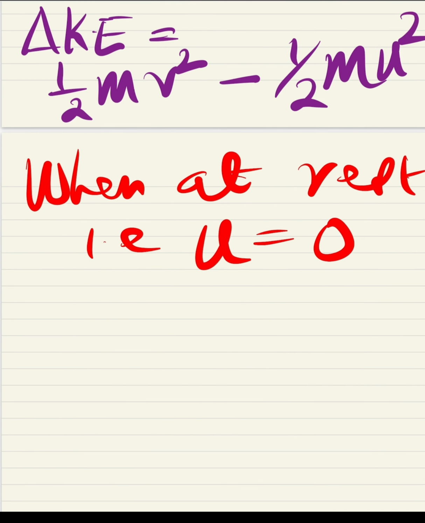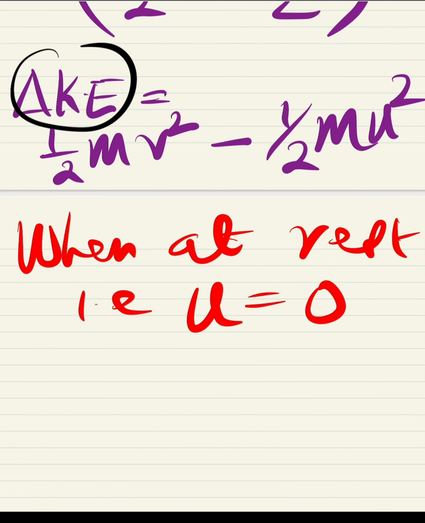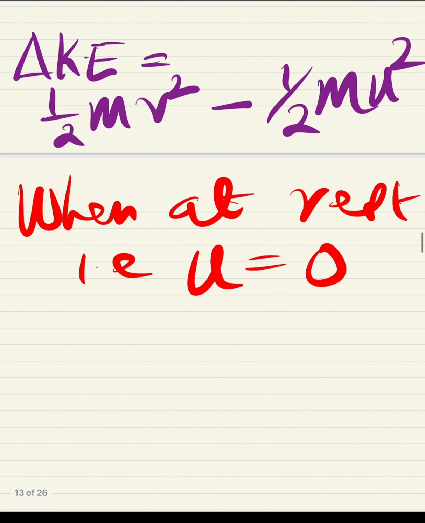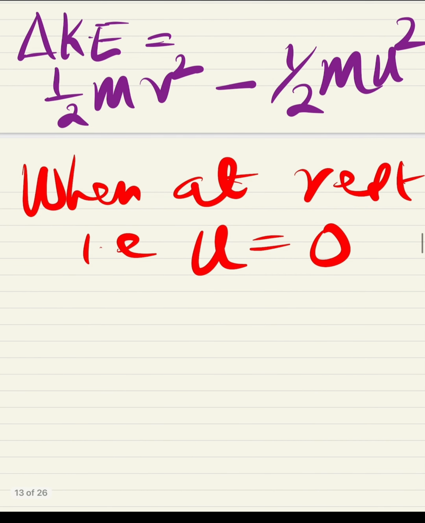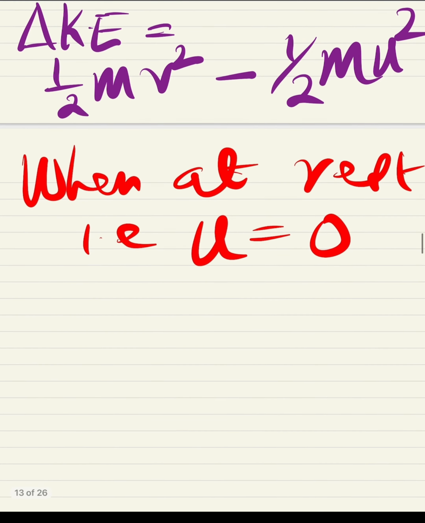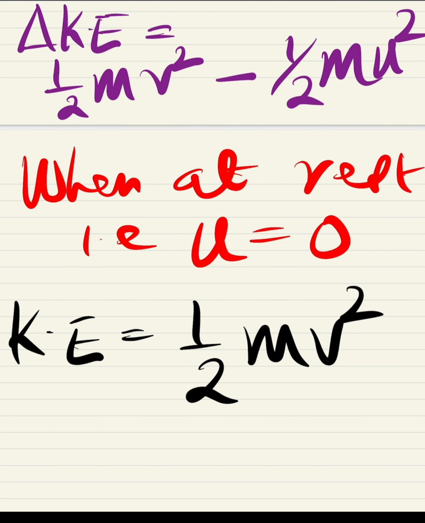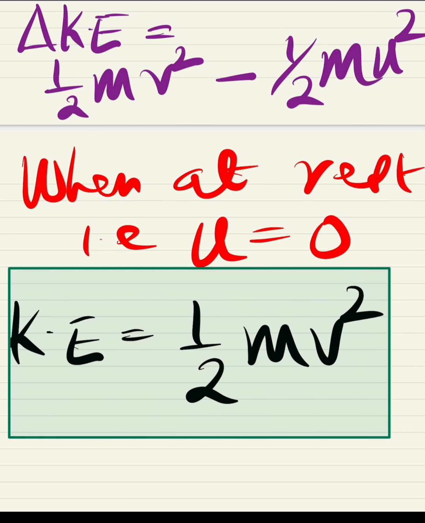Then your new expression will not be change in KE again. It will now be KE itself, because now there's no change. We have assumed that the velocity at the beginning of that motion is 0. At rest is 0. So you are left with KE equals half mv squared. This is the last expression you are also going to have for that.